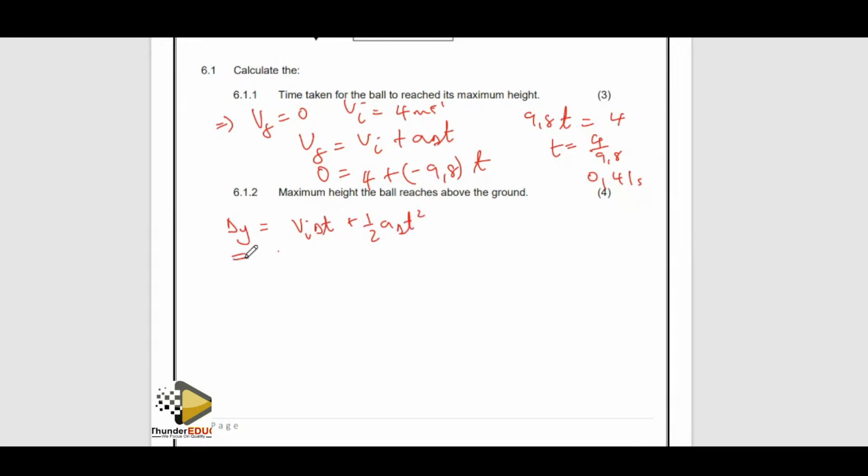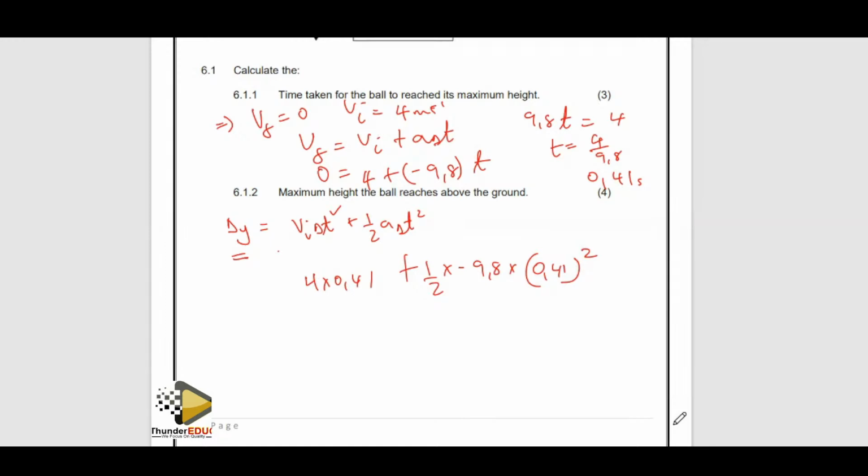I want the height. Do I have the time? Yes, 0,41. Acceleration, I have it. So it's going to be 4 times 0,41 plus a half times negative 9,8 times 0,41 squared.